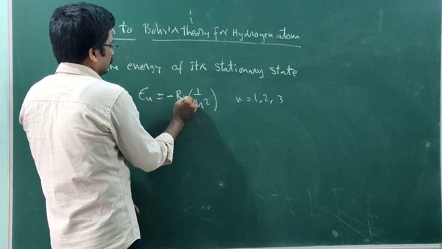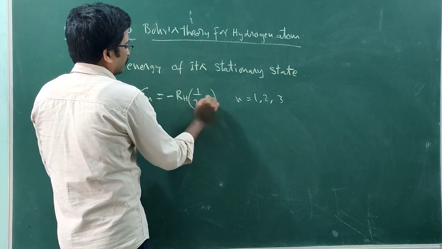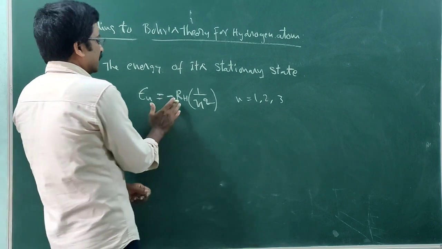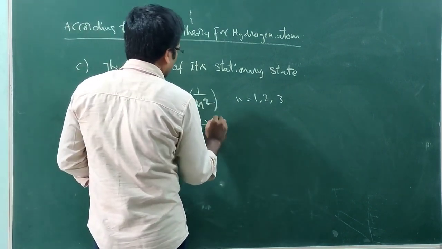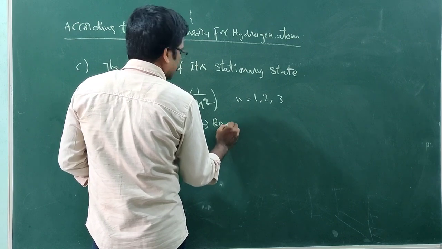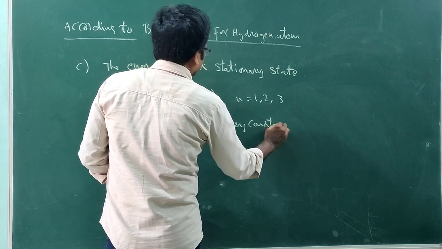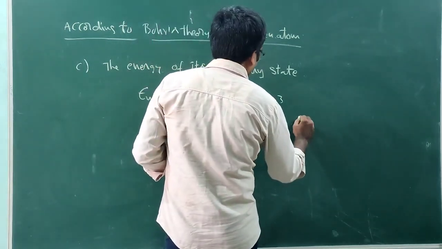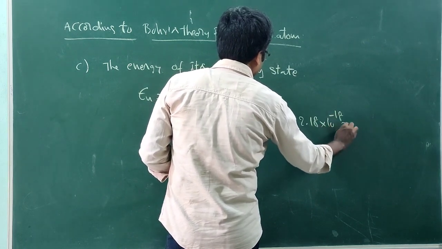En is equal to RH into 1 by n square. This RH is known as the Rydberg constant. The Rydberg constant value is 2.18 into 10 to the power of minus 18 joules.